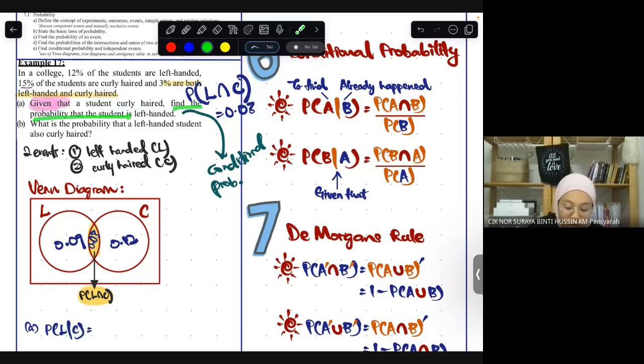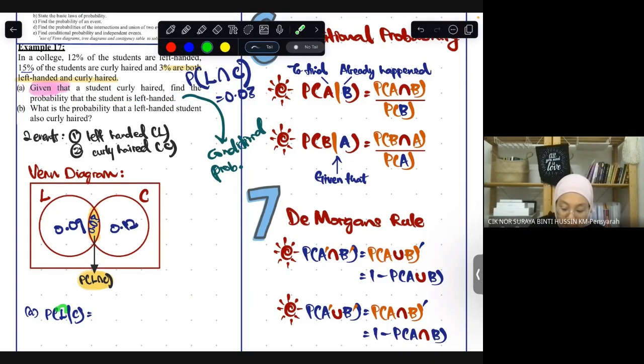Find the probability of the student is left-handed. So apa yang kita nak cari mestilah berada di hadapan. Again, you look at the formula there. To find is at first here, at the first part here, you write it down. Kita nak cari probability of the student which is left-handed, given that it's curly head. So curly head already happened.